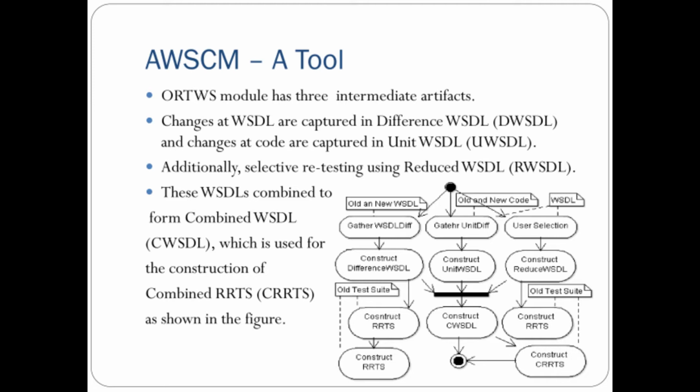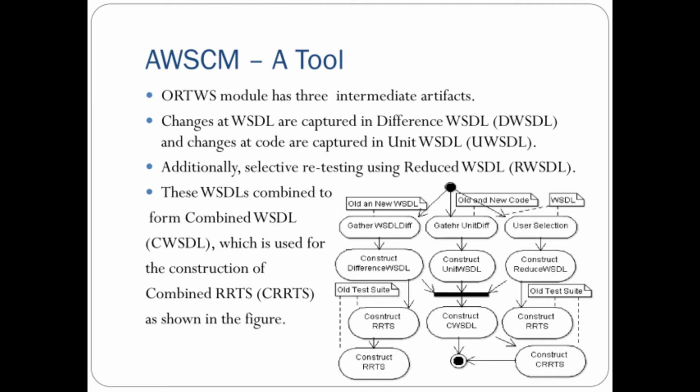Then this tool AWSCM basically gathers WSDL difference. It actually gathers unit WSDL, unit code difference, and web service code difference. So with the old and new WSDL, you can construct a difference WSDL for the difference of the two WSDL. In the figure, you can see gathering of unit difference, meaning code difference.